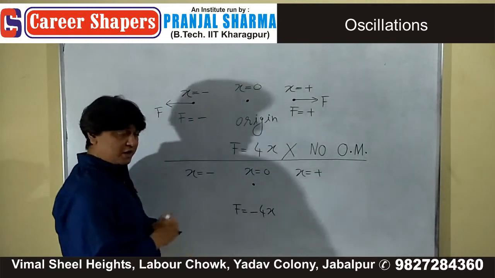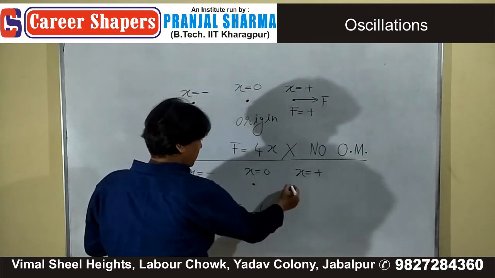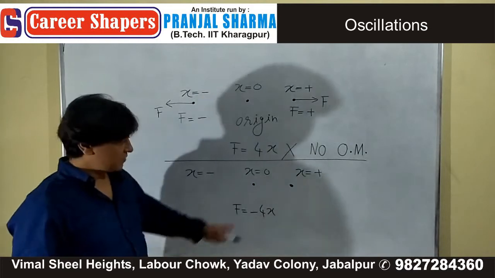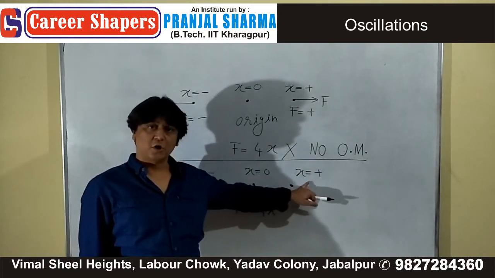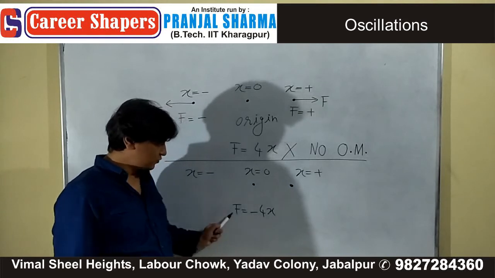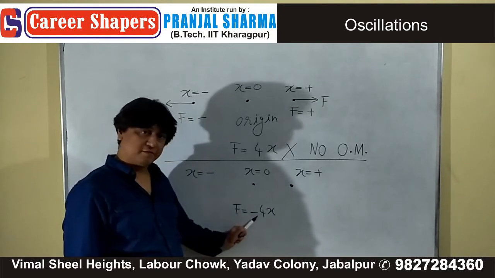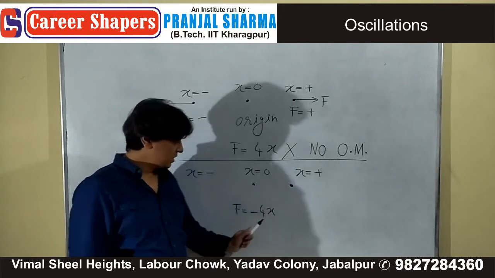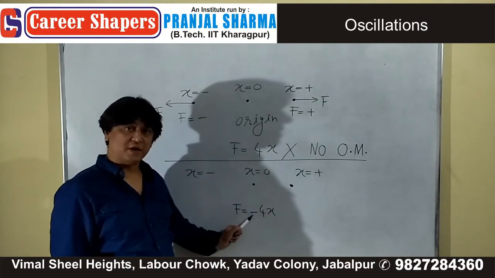Now, if our object is on the right side, x coordinate is what? Positive. X is positive, but what is force? Negative. For example, if x is +2, then this says force is -8.